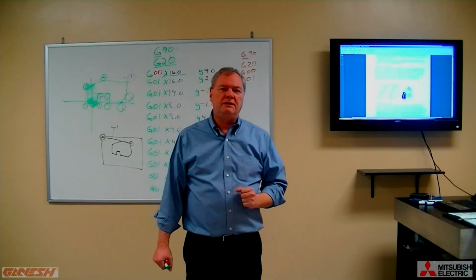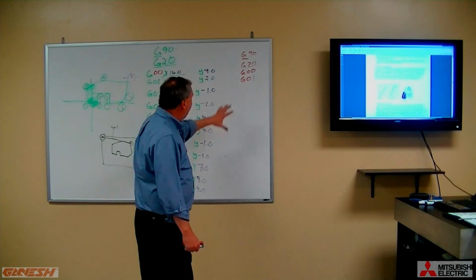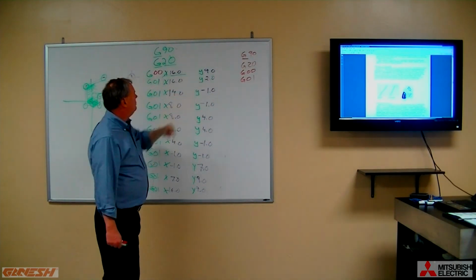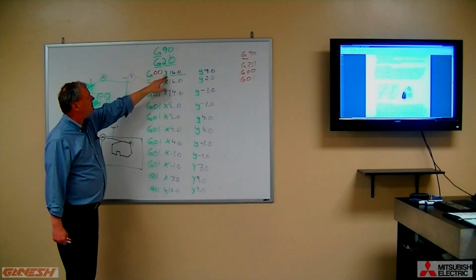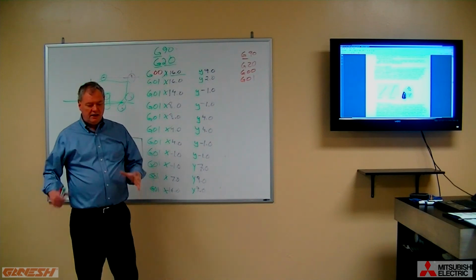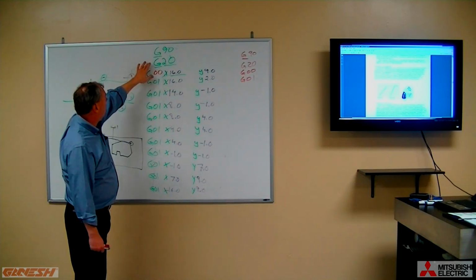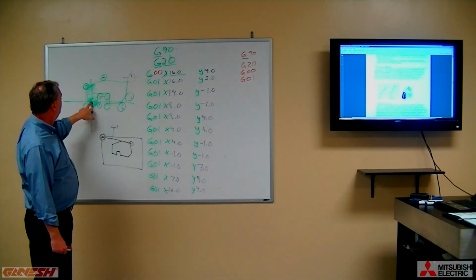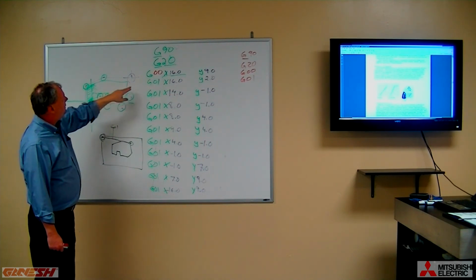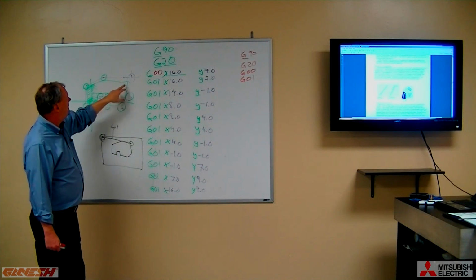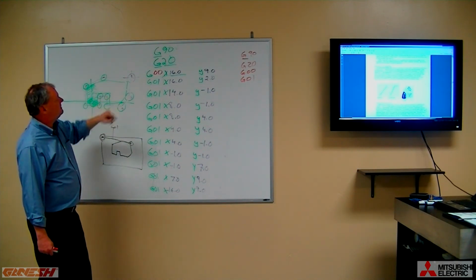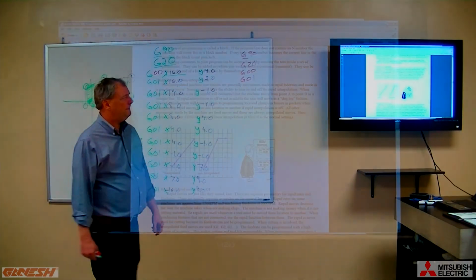I've introduced you to 4 of them, and I've also introduced you to axis movement. We're just telling the machine where to move the X and Y axes in terms of inches, which is the G20. So we're saying from wherever that coordinate origin is, move 16 inches in X and 9 inches in Y, then move to 16 inches in X and 2 inches in Y, and so on.